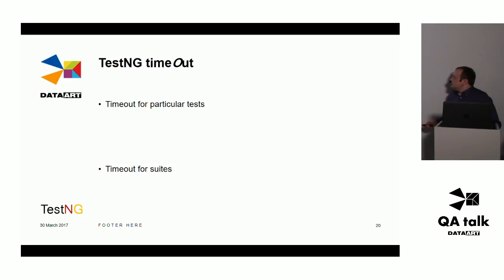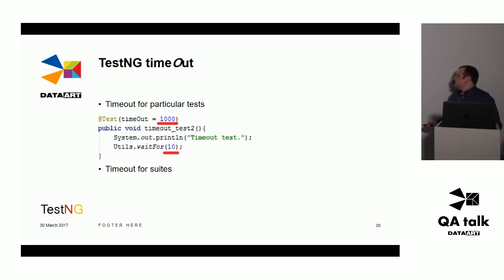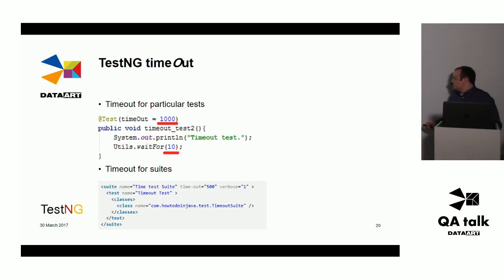In TestNG there are two possibilities. You can just include it into the test, but O is uppercase. I don't know why. And you can use this here. So timeout you can use for suites in TestNG XML. So maybe it's a bigger possibility.